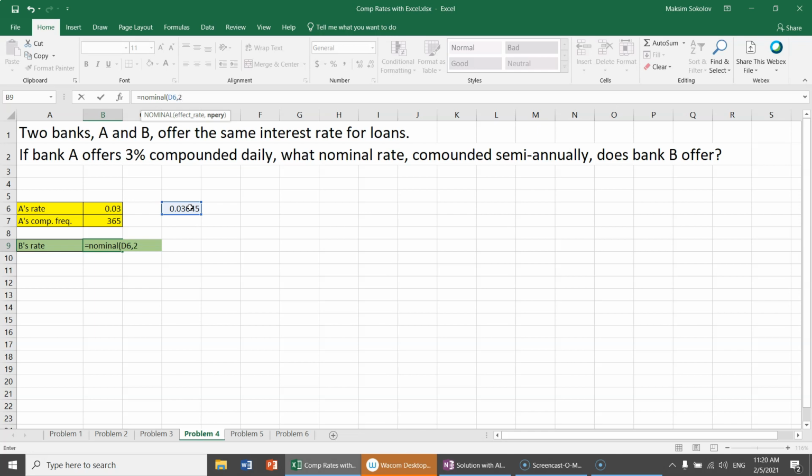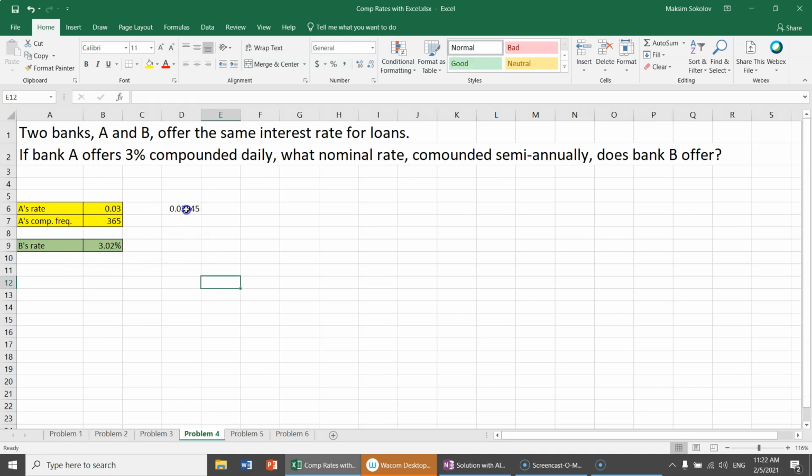So in this case, 2, because we are looking for the semi-annually compounded rate. If I press enter right now, I find that Bank B should offer 3.02% compounded semi-annually. That's rounded to 2 decimals, and that will be equivalent to 3% compounded daily. I can actually state this answer as a percent and increase decimals to 2 decimals, and that will be the answer in cell B9.